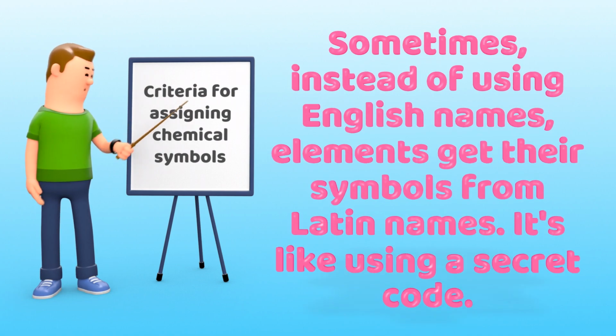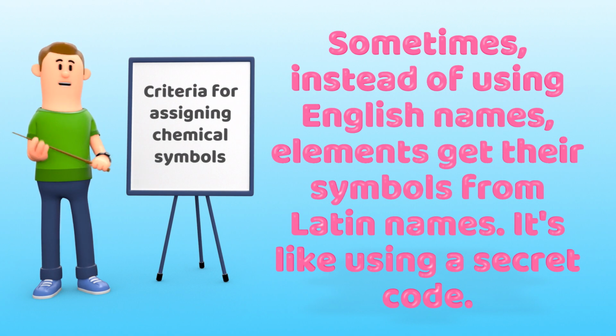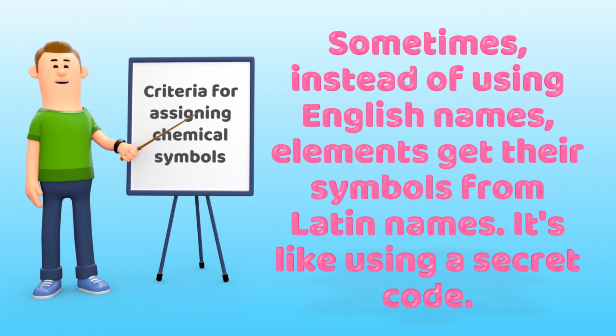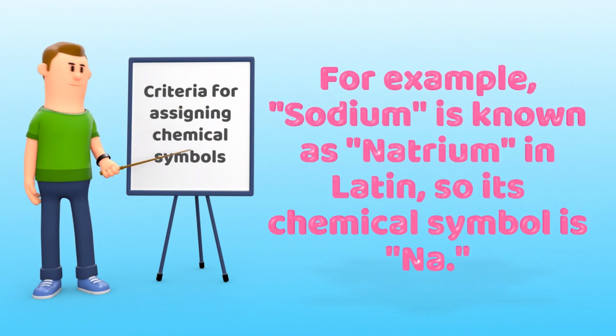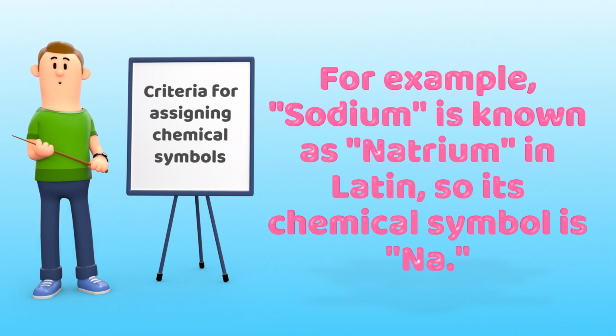Sometimes, instead of using English names, elements get their symbols from Latin words or names. It is just like using a secret code. For example, sodium is known as natrium in Latin, so its chemical symbol is Na.